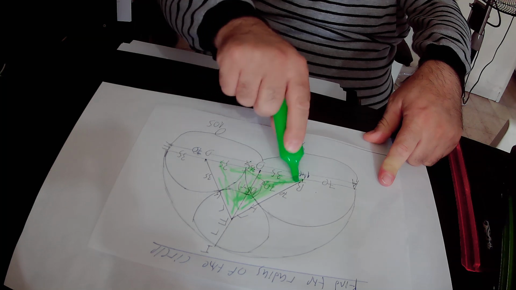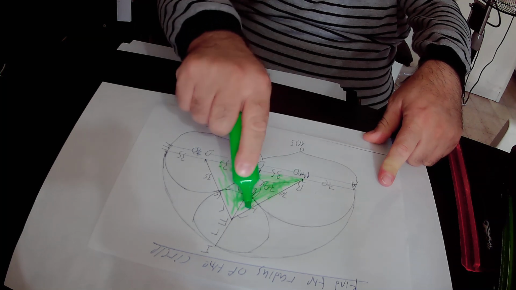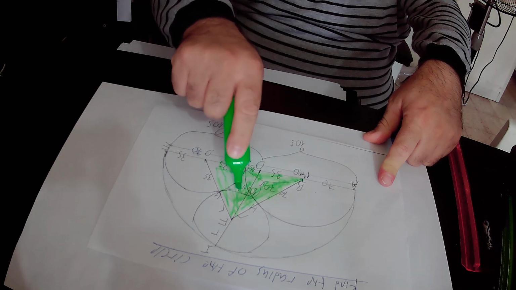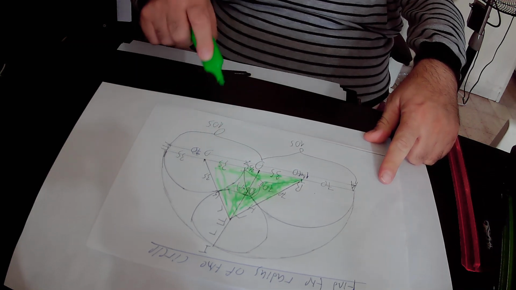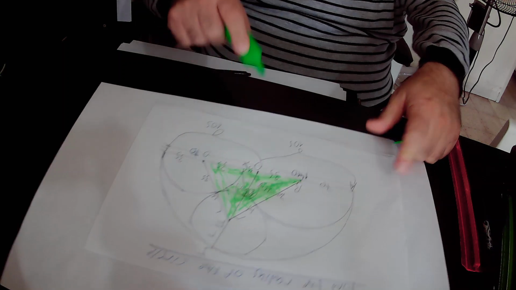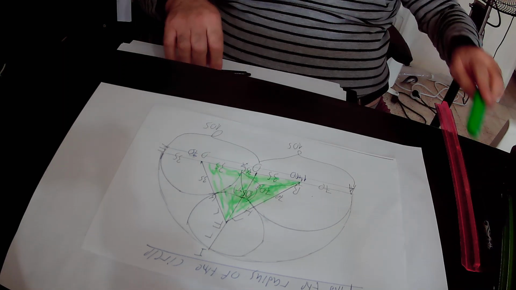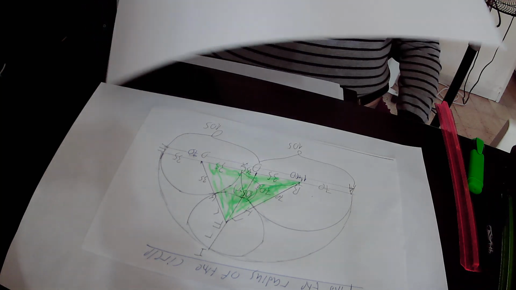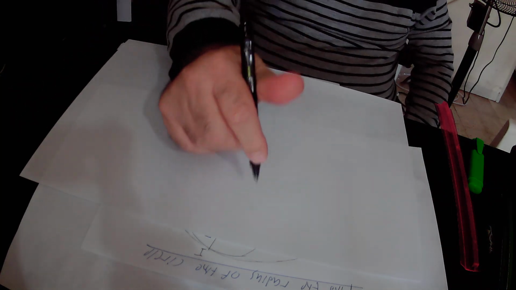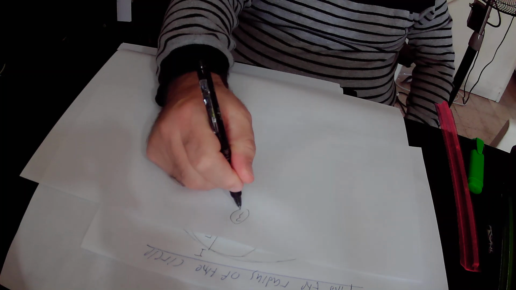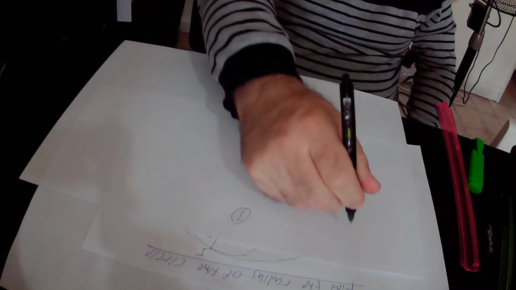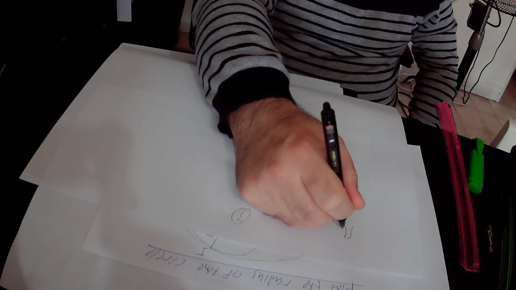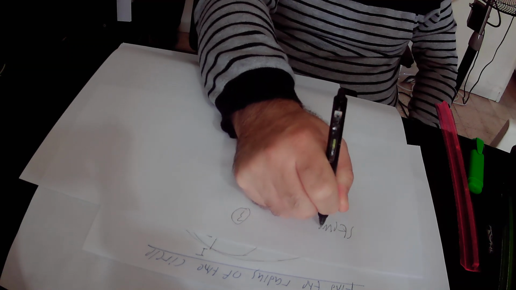The new rule is true in any triangle, therefore we can implement it in the green triangle. So the new rule is Stewart's rule, Stewart's theorem.